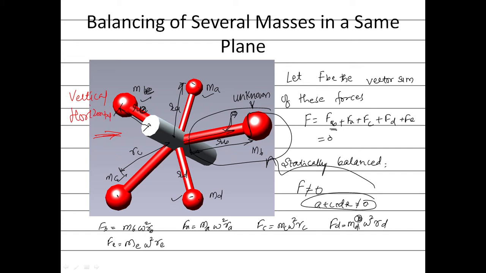Considering any one as a reference, you can consider the horizontal direction, that is the x-axis, as a reference. With reference to the x-axis, you need to resolve the centrifugal forces acting on all the components in the horizontal direction as well as in the vertical direction.